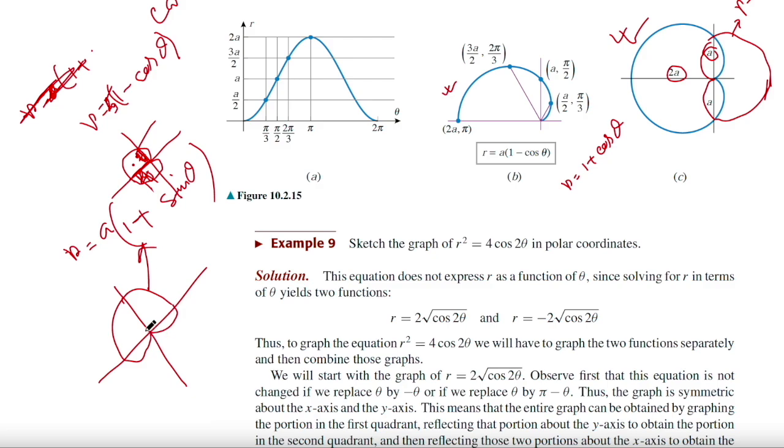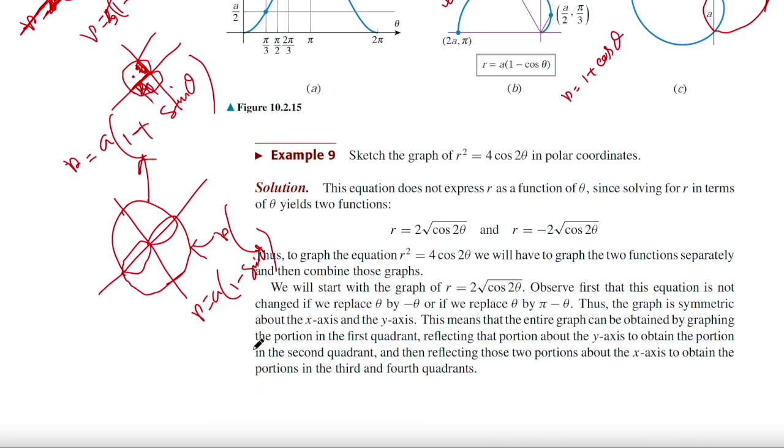And r equal to a into 1 minus sin theta. So sin এর ক্ষেত্রেও প্লাস হলেও উপরের অংশ থাকবে, and for the minus it will be lower half. The most of the part of the cardioid will be in the lower half. Does it make sense?